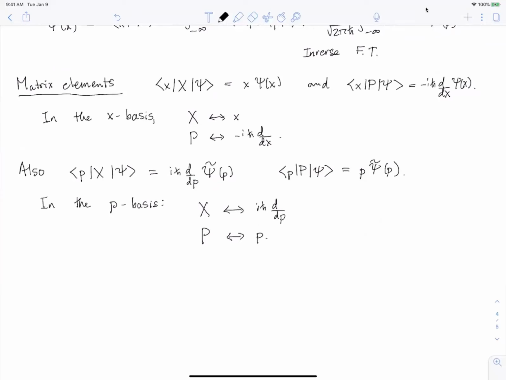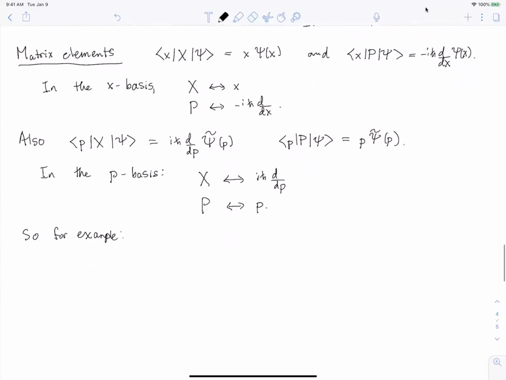Okay, and so for example, of using these things, suppose instead of looking at momentum and position eigenkets, I look at any two kets, <psi1|X|psi2>. So you can show using completeness, this is the integral over x from minus infinity to infinity of psi1 of x star, psi2 of x multiplied by x.